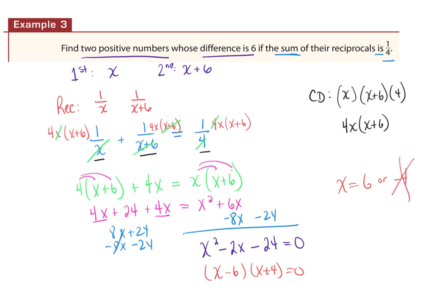It wants 2 positive numbers. So if 6 is my first number, 6 plus 6 should be my second number, which is 12. So my 2 positive numbers are 6 and 12. It doesn't mean that negative 4 would naturally not work here, but my question specifically said 2 positive numbers.